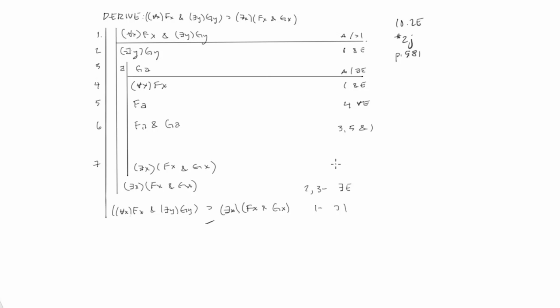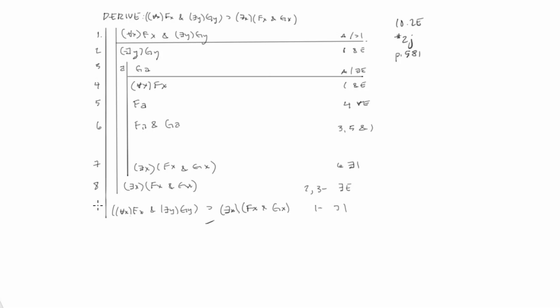So we take line 6 as input for existential introduction. That gives us our target sentence. We replace the names A with the variable X, and we add the existential quantifier, making sure that we add the grouping indicators to give it full scope. It does have to be the main logical operator in the output of the inference rule existential introduction.